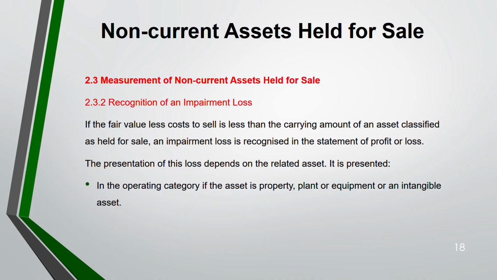For example, it will be presented in the operating category if your asset is property, plant and equipment or an intangible asset. And it will be in the investing category if your asset is an investment property. So always check which asset has been impaired, and accordingly you will put the impairment loss in the correct category.